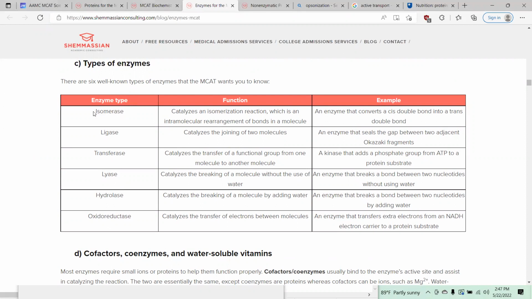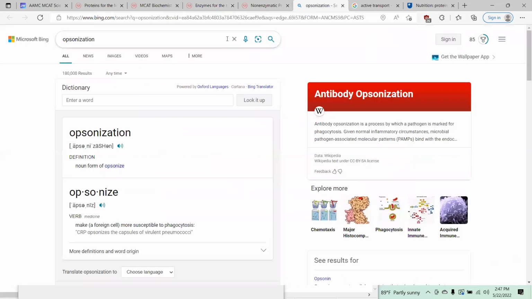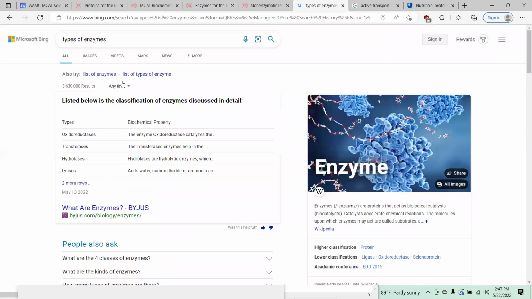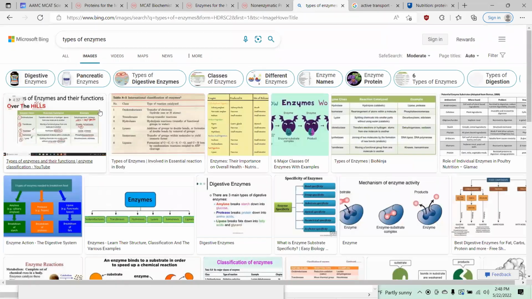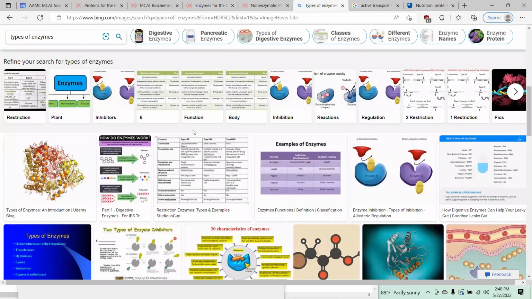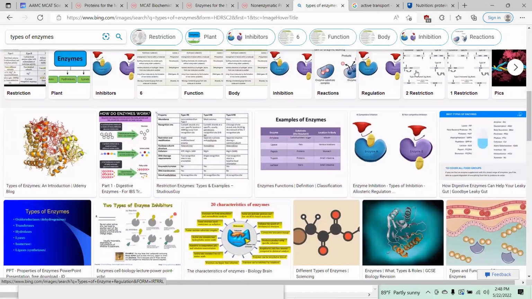An isomerase must deal with isomers, right? Let's see if we can find an example that shows all of these types of enzymes. I want something that shows the examples.